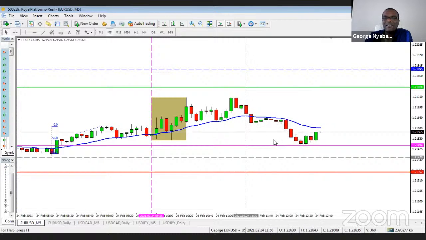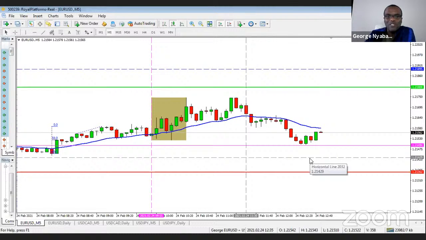So this is what I call, and I'm talking as a price action trade, breakout mode. The market will break out either out of the top or out of the bottom. And right now, so far, we're still inside yesterday's ranges.